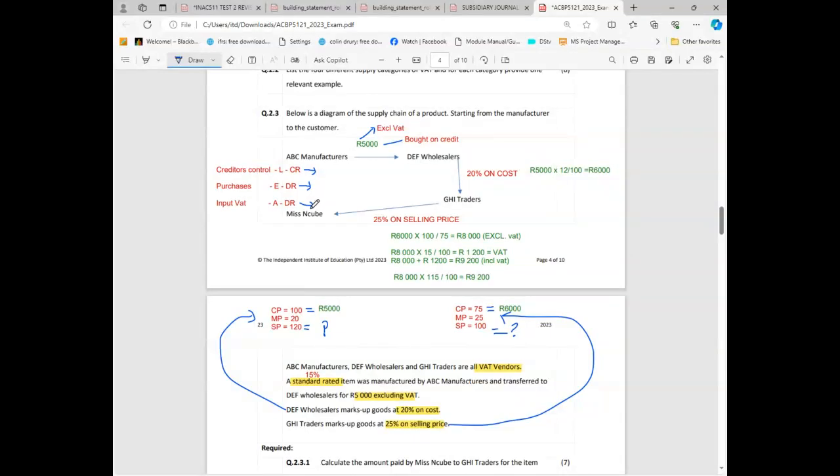I'm not saying you are wrong. The way you said it, you are in the middle. No, because creditors control is including VAT, input VAT is VAT included as well, and then purchases is excluding VAT.